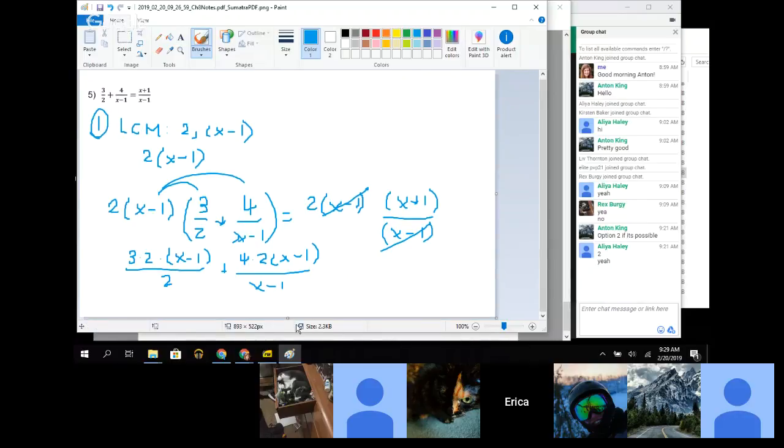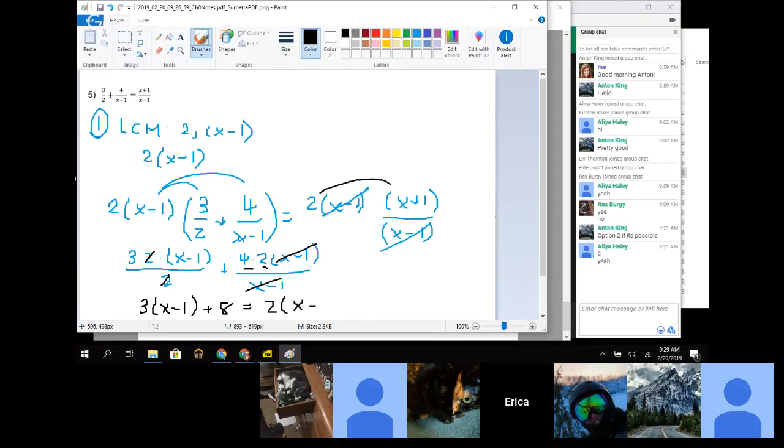So let's at least cross some stuff off. All right. So here we get to cross this and this off. That's good. Here we cross this and this off, and we're left with 3 times x minus 1 plus 8, right? 4 times 2 is 8, equals 2 times x plus 1.